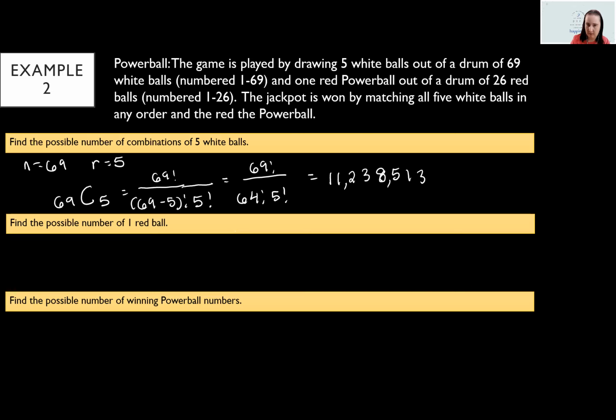Order doesn't matter. Now we want to find the possible number of combinations of getting 1 red ball. So there are 26 red balls, so that's n equals 26, and we're just choosing 1.